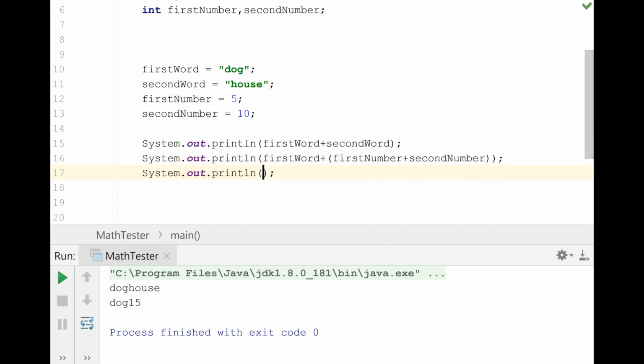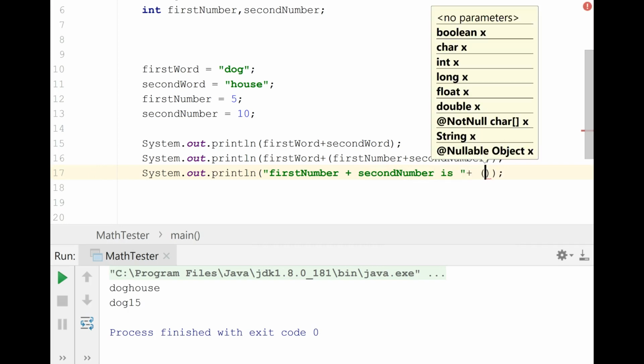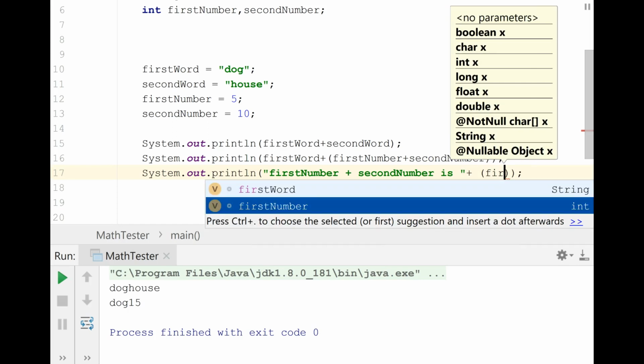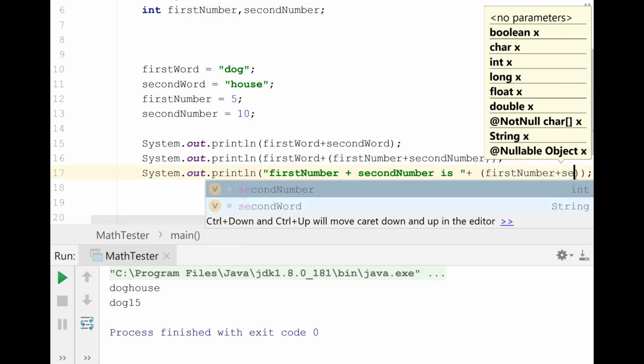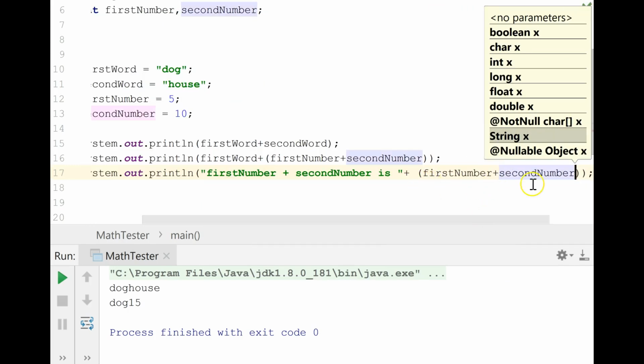All right, so the first number plus the second number is, and then I can just add it. So first number plus second number. Okay, let's go ahead and do another one so we can see what it does.